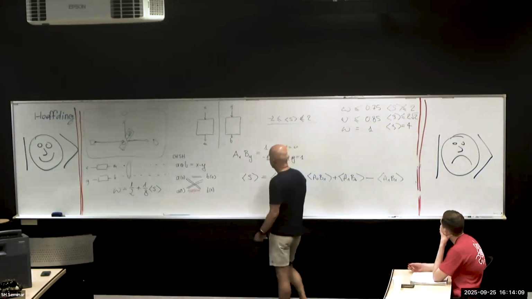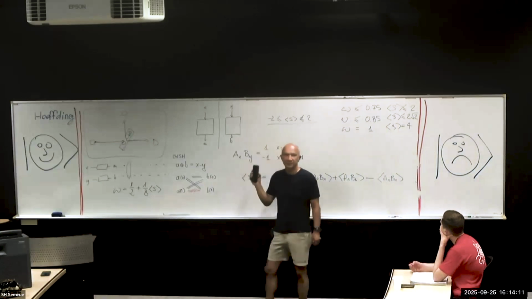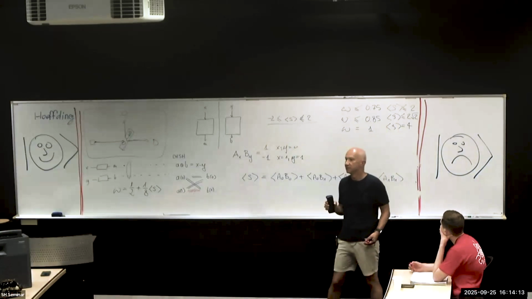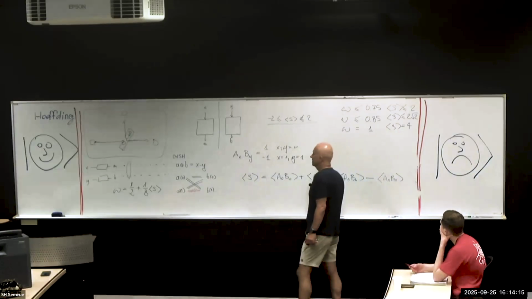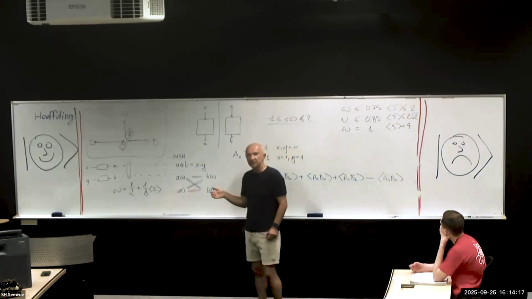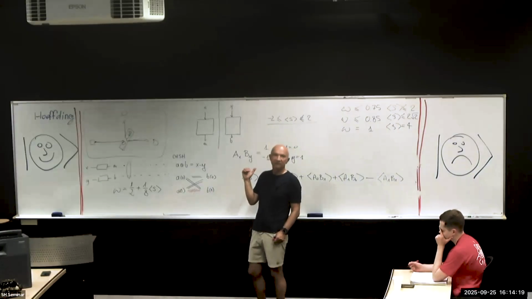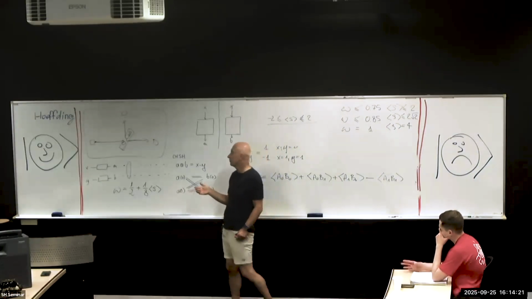Are there any questions about this, by the way, so far? What I'm saying is that the best way to run the CHSH test is in fact not to evaluate S, but to evaluate omega.